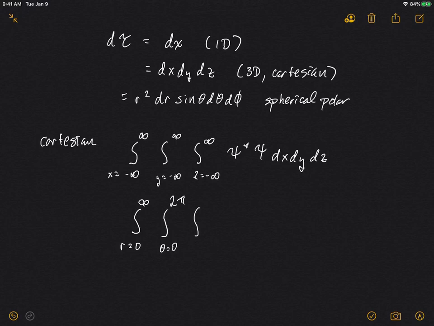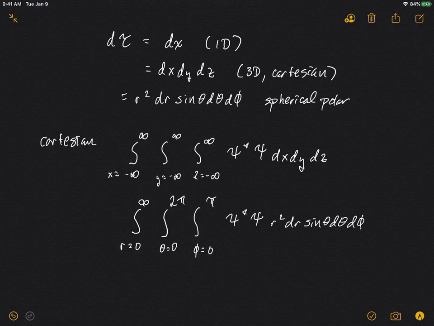And then phi would go from 0 to pi. And that would be psi star psi, where psi would be a function of r, theta, and phi. And then our differential volume element, we would have to multiply by r squared dr sine theta d theta d phi.